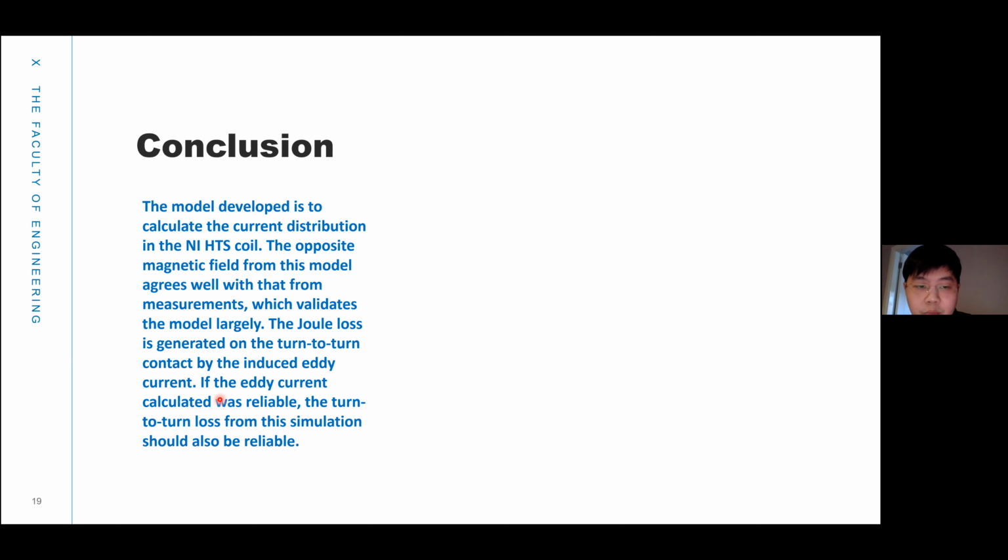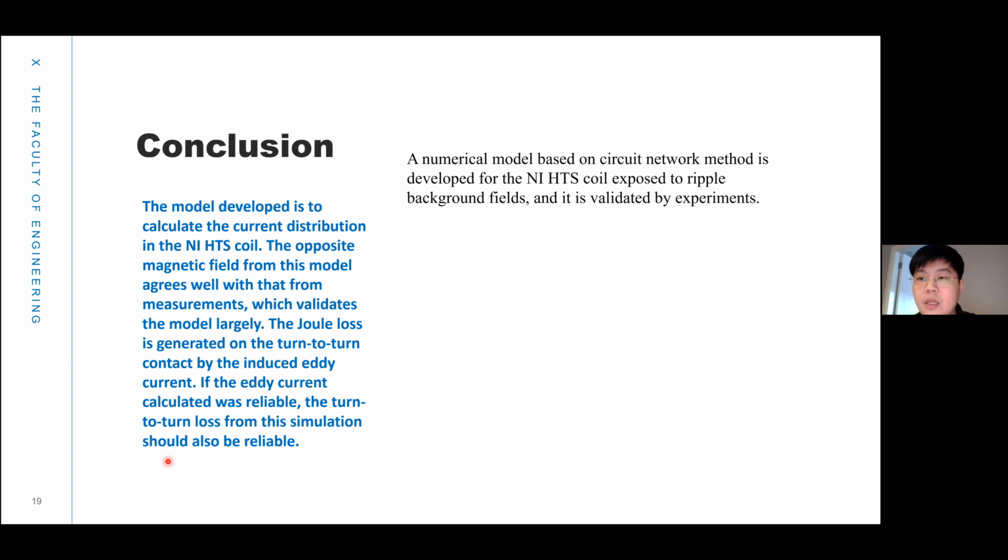It's very hard to measure the AC loss in the NI coil in an experiment, so we only validated the current distribution in this coil, and all the AC loss is calculated by simulation. If the eddy current calculation is reliable, we believe the turn-to-turn loss from the simulation should also be reliable.